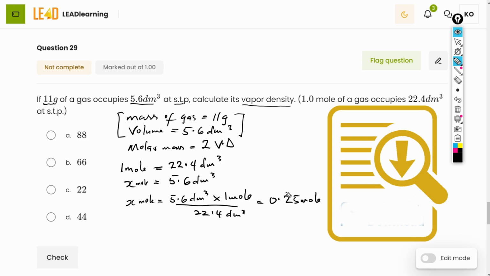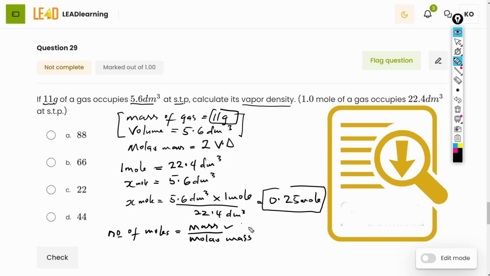Now we have this information and we also have the mass of the gas, so we can use these two pieces of information to compute the molar mass. There is a formula, coming from the mole concept, that says the number of moles is equal to the mass of a substance divided by its molar mass. We know the mass as 11 gram and the number of moles as 0.25 mole.